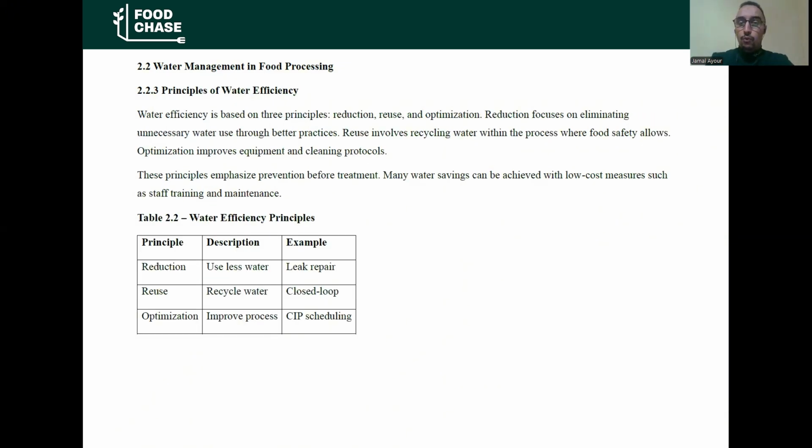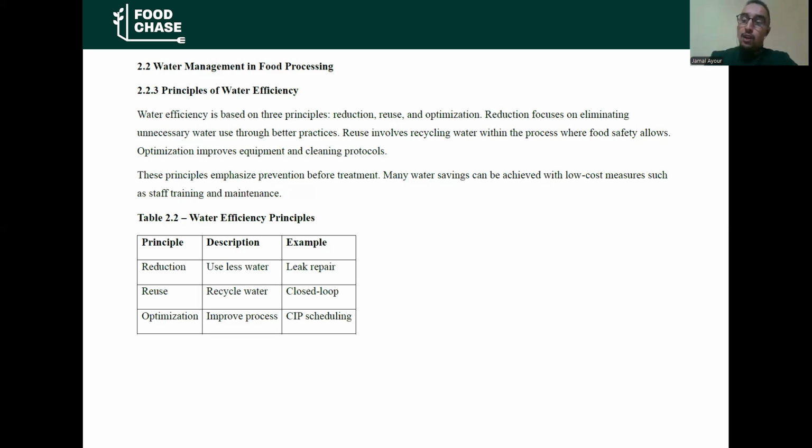About the principles of water efficiency. Water efficiency is based on three principles: reduction, reuse, and optimization. Reduction focuses on eliminating unnecessary water use through better practice. Reuse involves recycling water in the process where food safety allows. And optimization means improved equipment, cleaner protocols, and improved parameters.